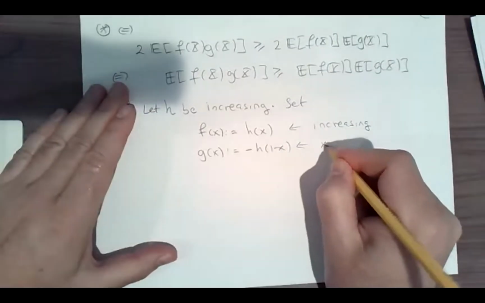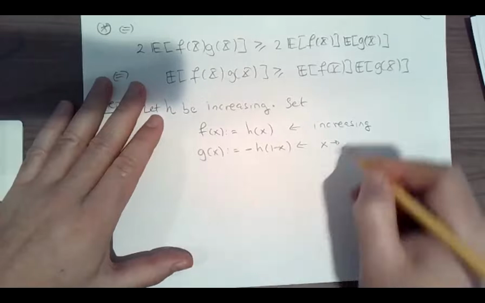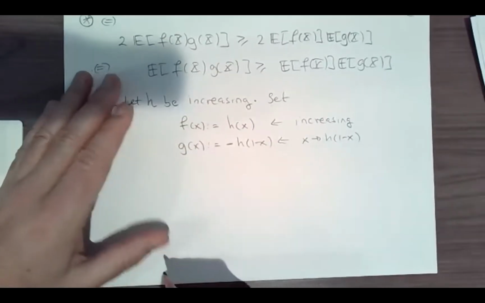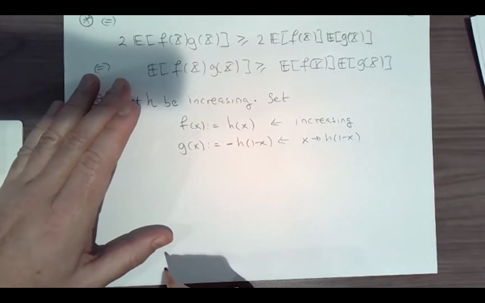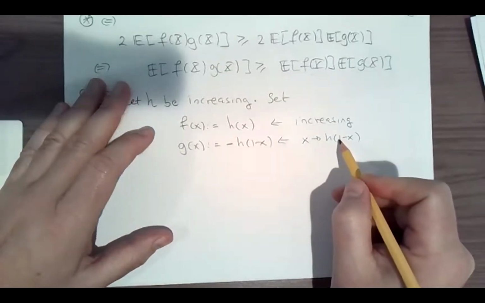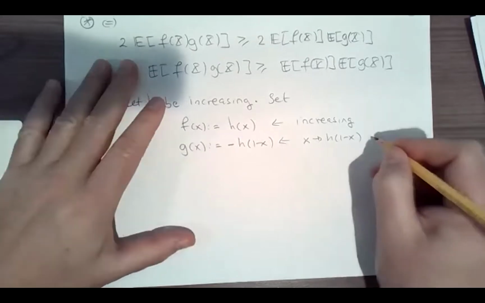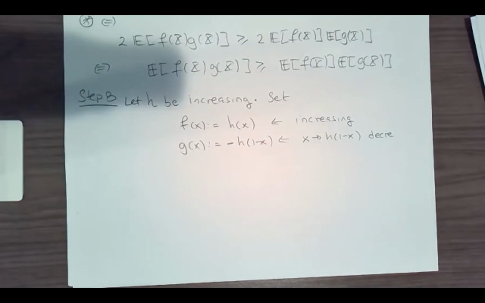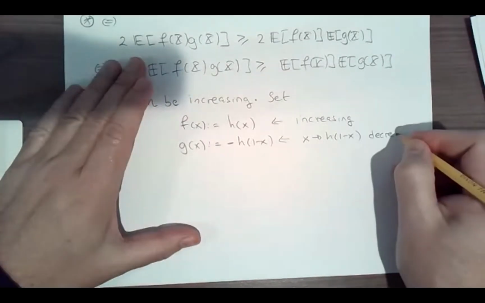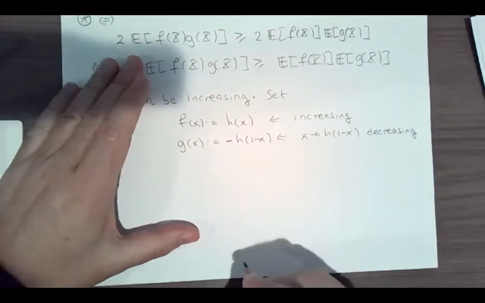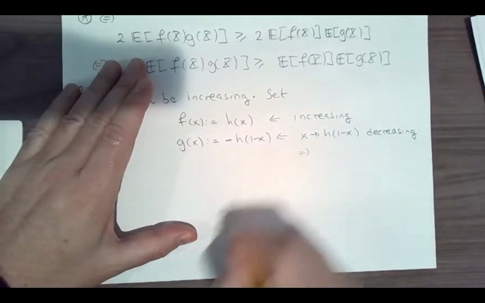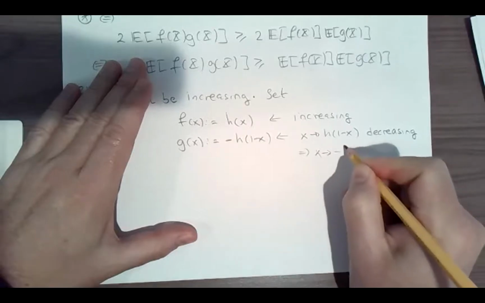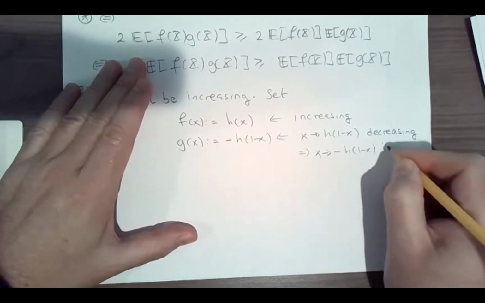If I look at the map that puts x into h of 1 minus x, well, h was increasing, so this one here is going to be decreasing. So then if I put a minus, I'm going to get that x into minus h of 1 minus x. This is going to be increasing.